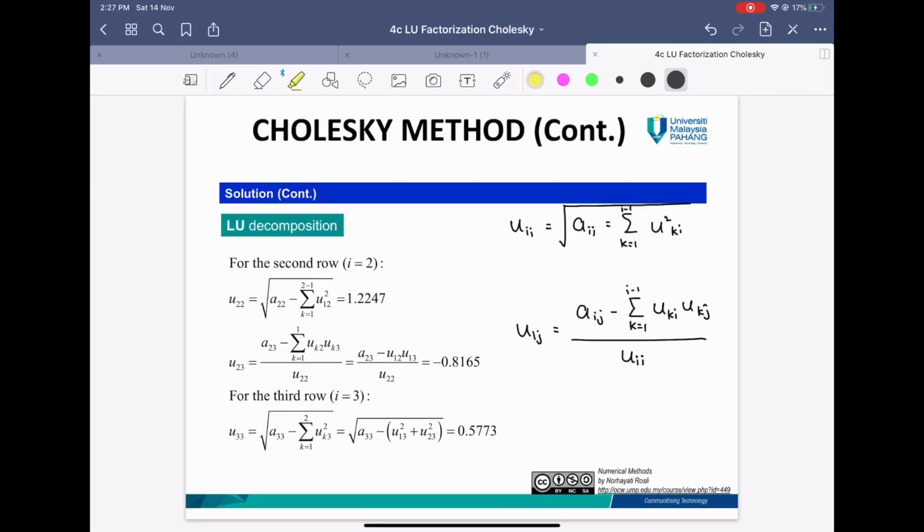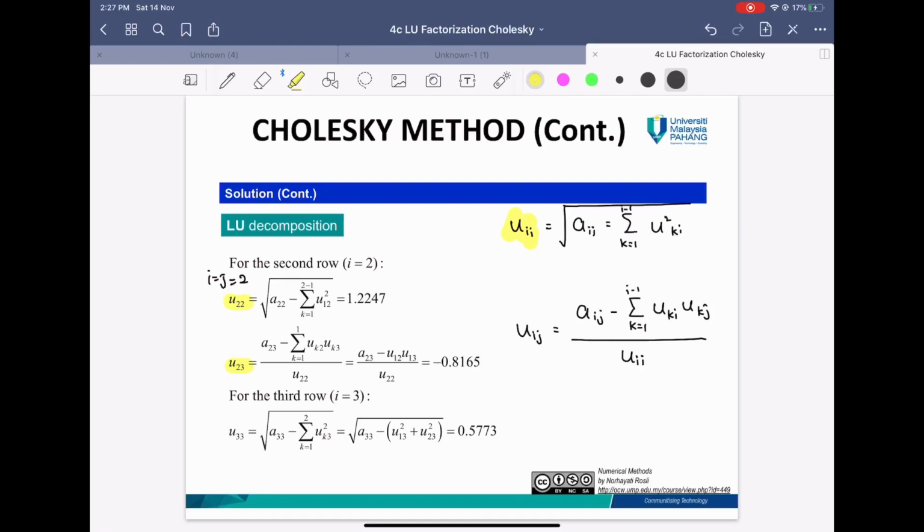In this slide, we want to find U22 and U23 for the second row. Again, by using the formula, when i is equal to j equal to 2, that means we have to apply this formula.